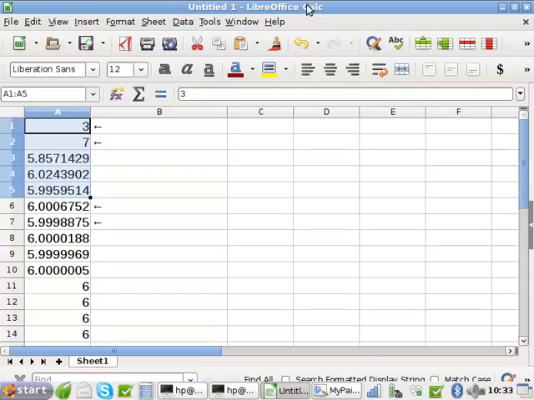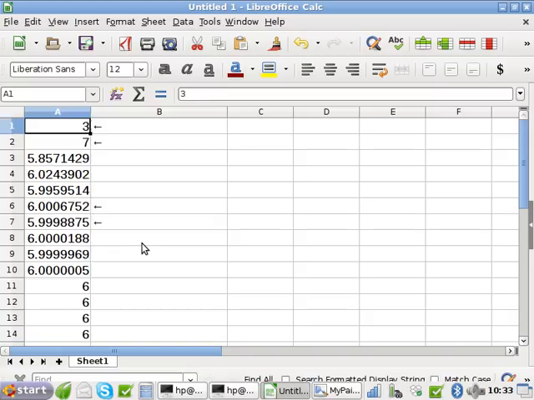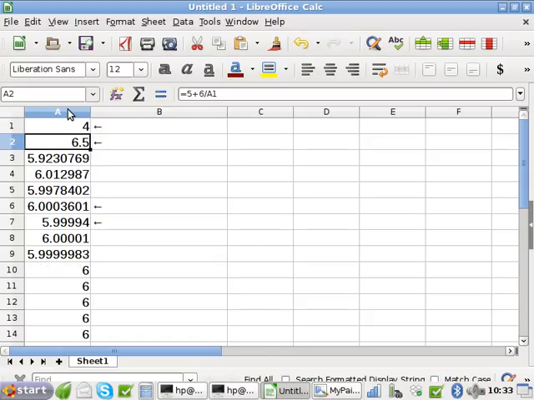If I go back here, if I change the first term, I'll still get the same limit. Watch, if I start at 4 instead of 3, I still move towards 6. In fact, I get there sooner. Look at this again. I get to 6 at about the 11th term. If I change this to 4, can you see I got there sooner? And what about if I change it to 5?